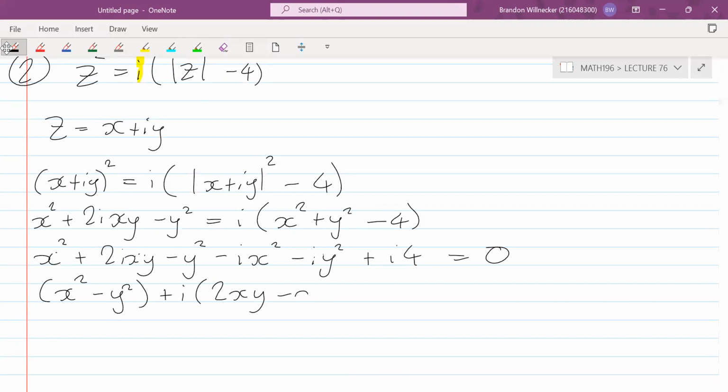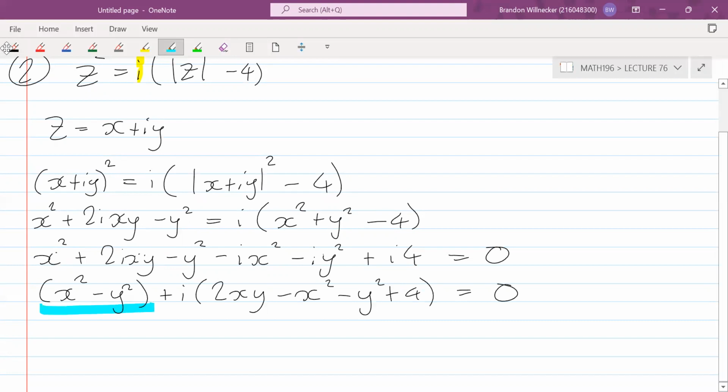We have a minus x squared, a minus y squared, and a plus 4. All of those come with an i. Okay, good. So now we can highlight that this first part is our real part. The second part, that's our imaginary part, is equal to 0.